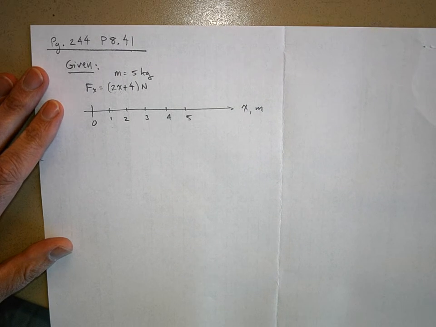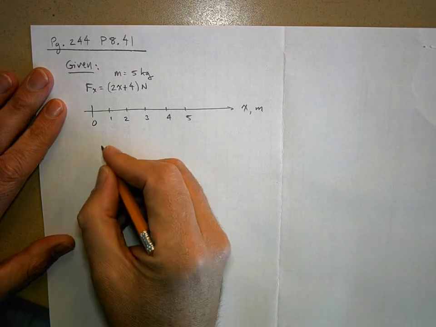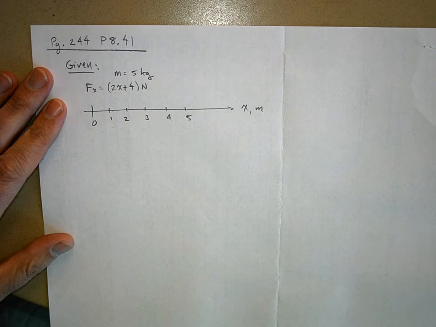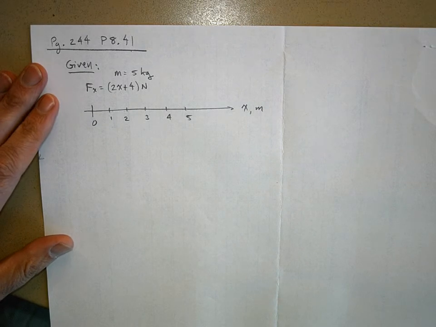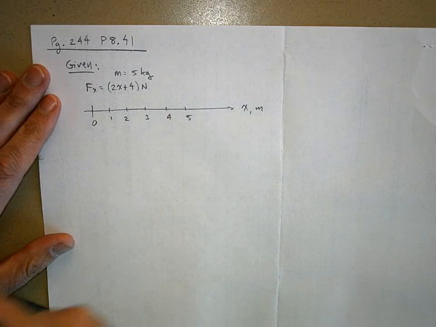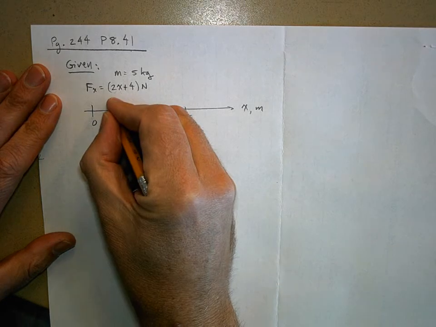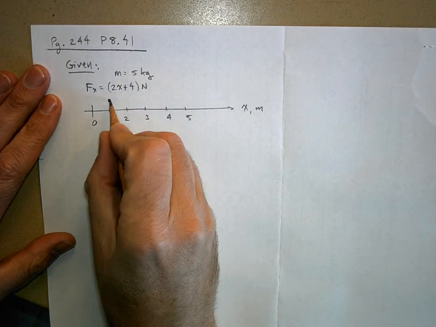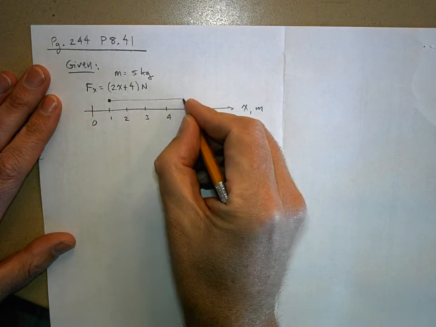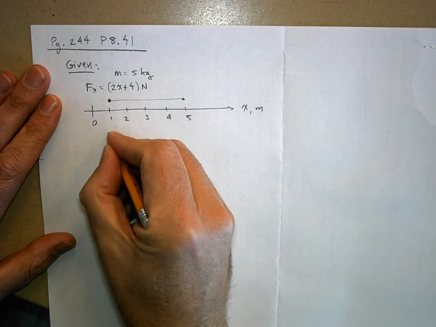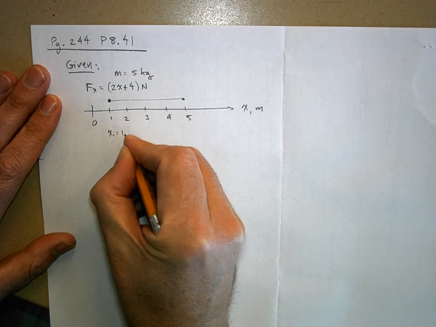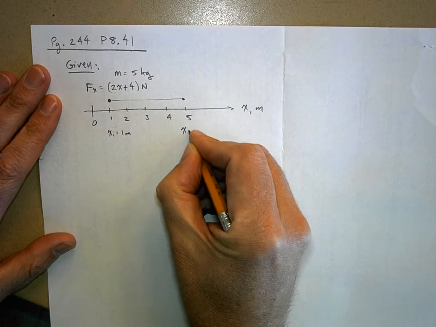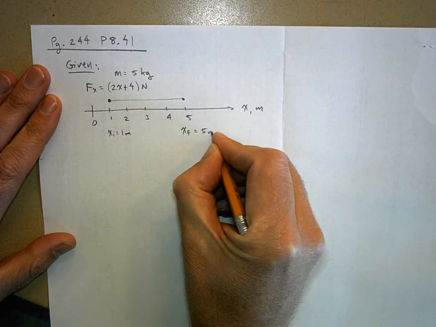So we're starting, so x initial is 1 meter. So we're starting here. Here's our particle. And this force is doing work along the x-axis. So here's x initial equals 1 meter. X final equals 5 meters.